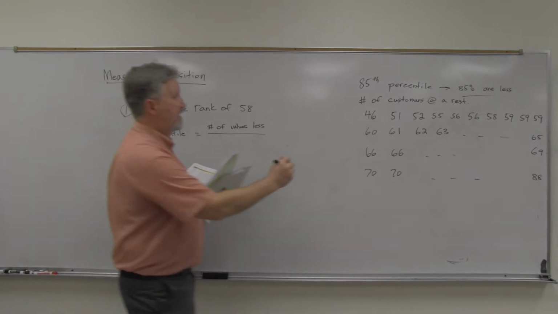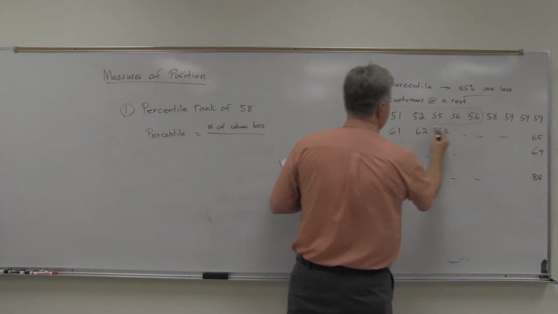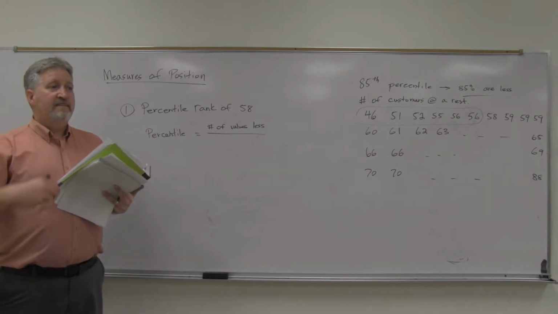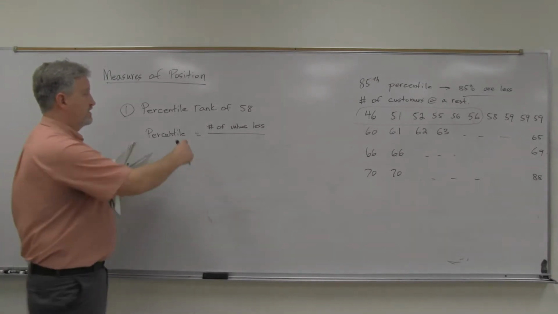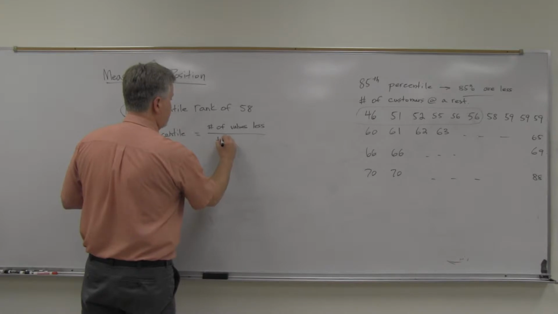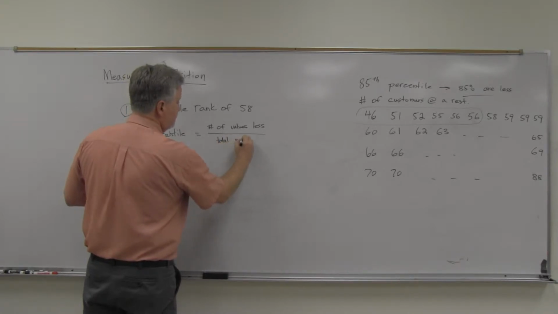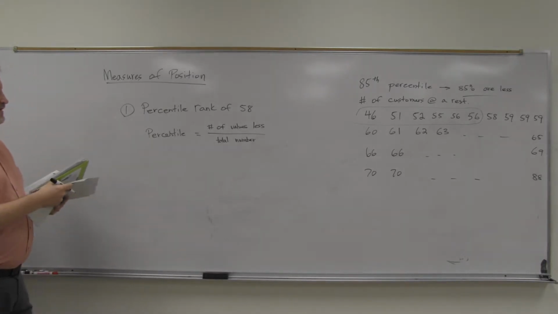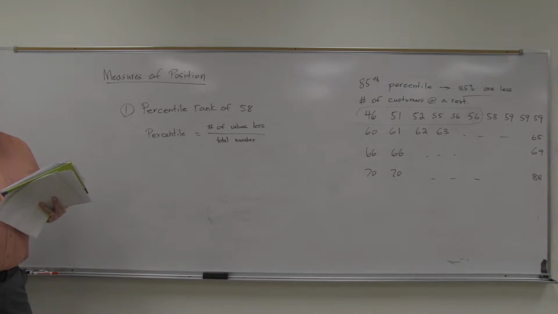In this case I've got 6 of them less, out of 40. So you take the number of values less and divide by the total number there are. We might have to make a little adjustment there, but that's basically how you do the percentile.